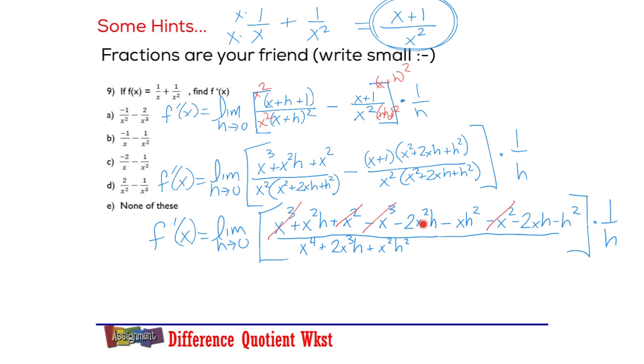Those could combine together. Are there any others like that? I don't think so. But these two, if you combine those together, would get you a negative 1 x squared h. Okay. The other thing I'm noticing, though, is that everything left in the numerator does have an h in it. So this h is going to be able to reduce with each one of these terms that are left.